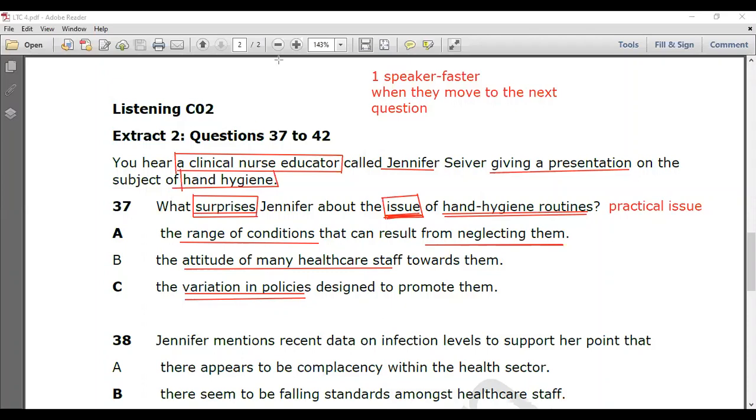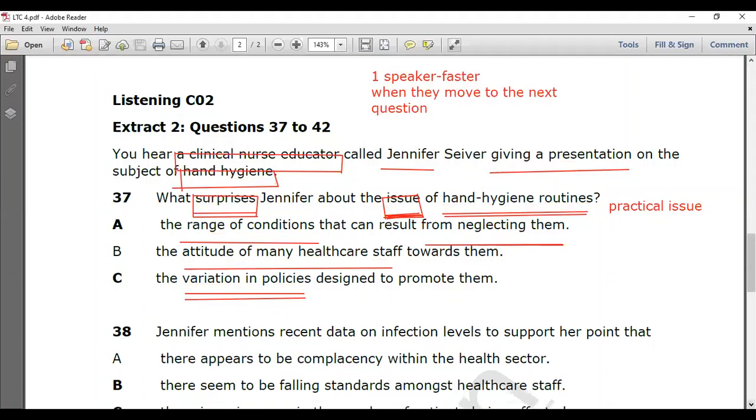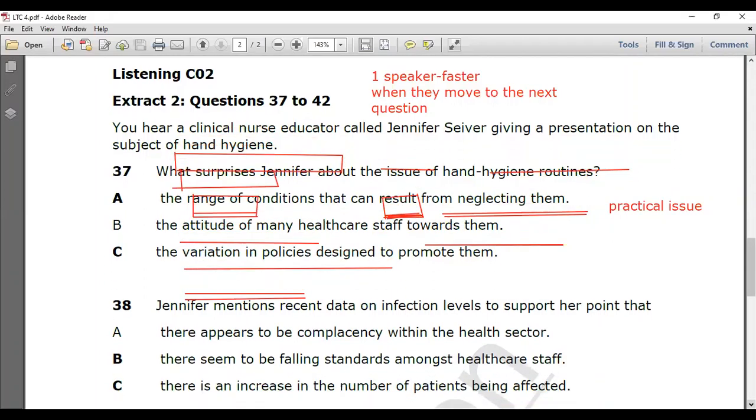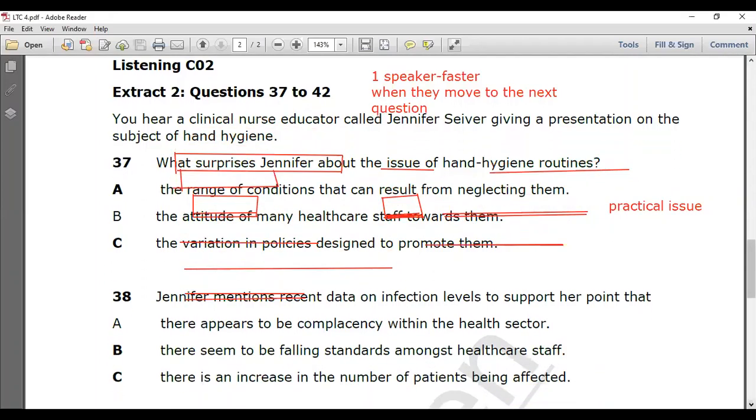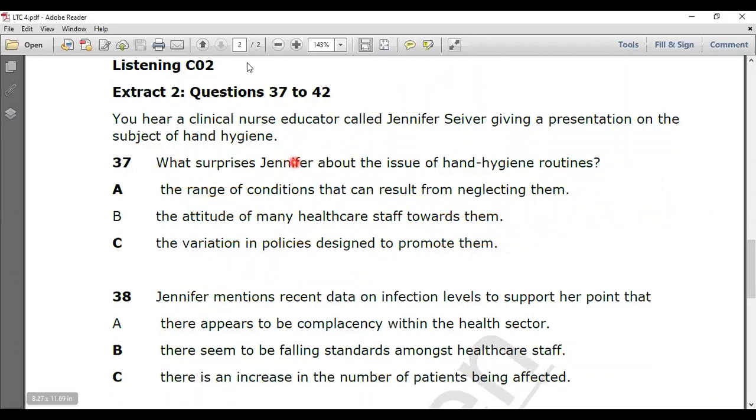Similarly, let us look at the second question. It says Jennifer mentions recent data on infection levels to support her point that.